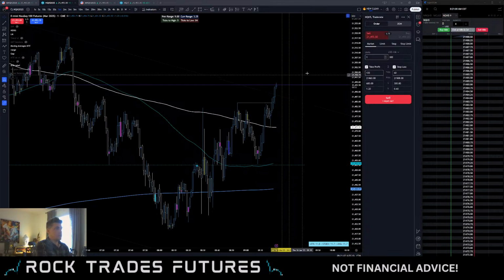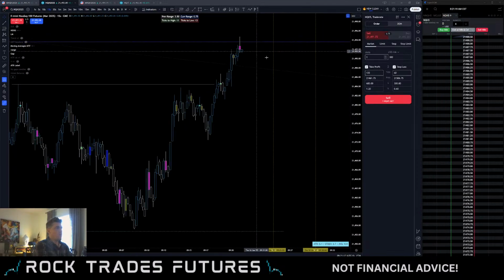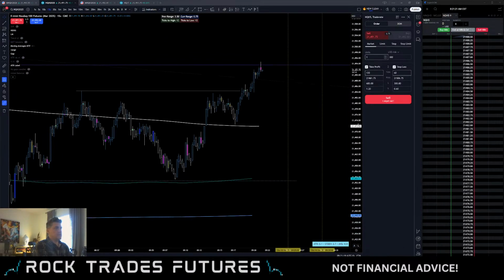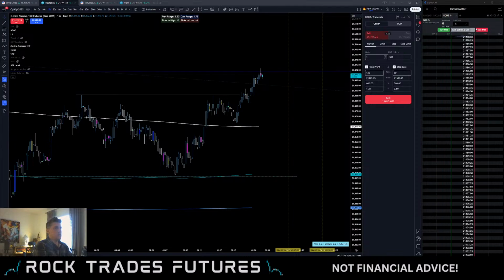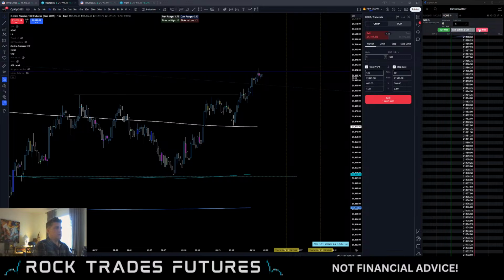Hmm. This is looking like a nice reversal here already. It's exactly the reversal that I wanted. Very nervous to trade this size on this account. I just need to stick to my plan and not worry about the outcome.